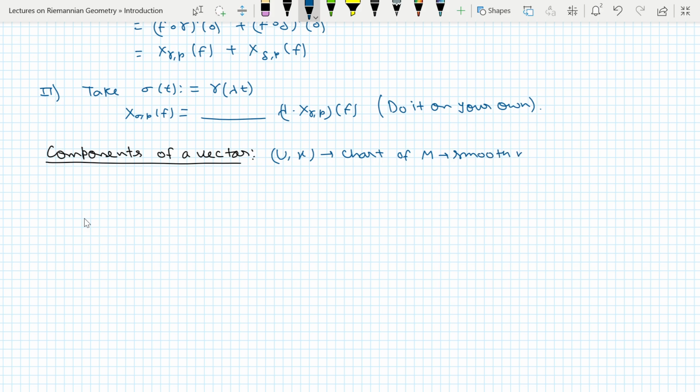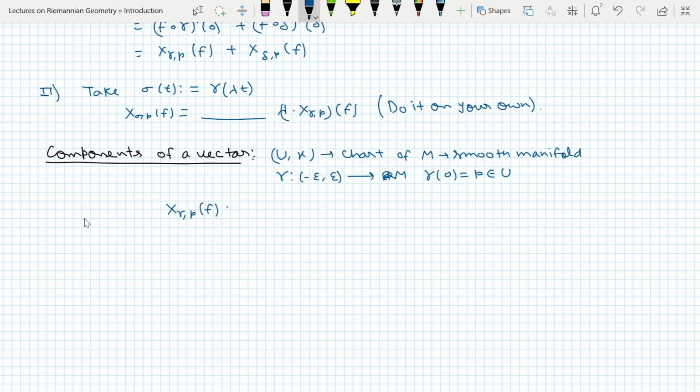This is your chart of a smooth manifold M, and you have your curve, a smooth curve gamma from some open interval to M. This is your curve and it passes through the point P. So gamma of 0 is P, and this point P comes from U. We have taken the chart.